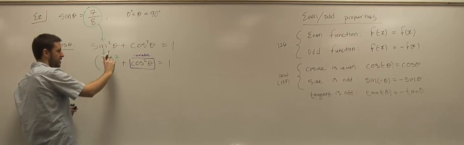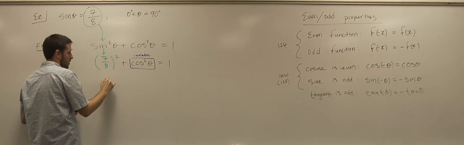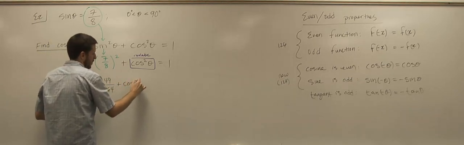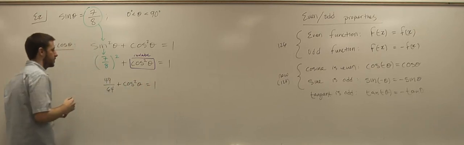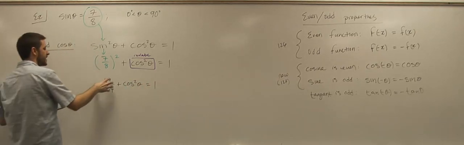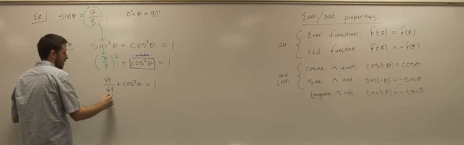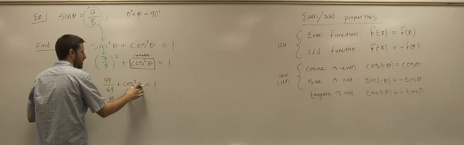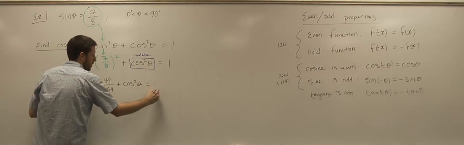You just multiply 7 times 7, 8 times 8. And then I can subtract this over to the other side, because again, I want to isolate this quantity.